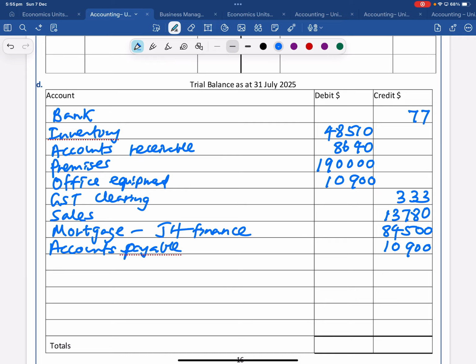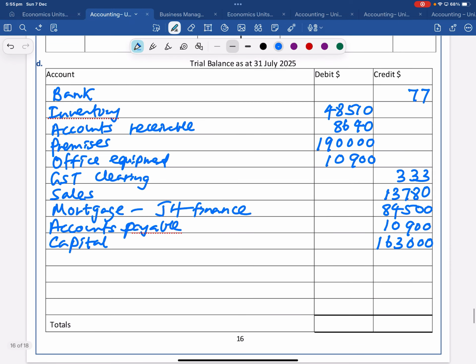Capital. It's credit. 163,600. Cost of sales. 6,890. Debit.